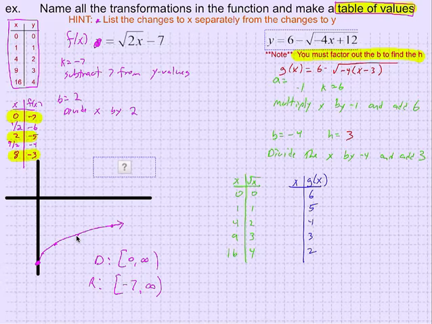Now I'll do the same thing for the x values. This time, though, I'm not going to expect to see a nice pretty pattern here because there's no nice pretty pattern there. But I can still do the math. Divide by -4, then add 3. 0 divided by -4 is 0 still, and then add 3. 1 divided by -4.